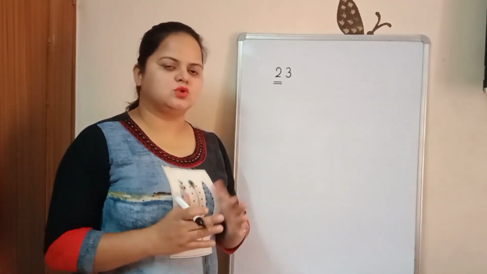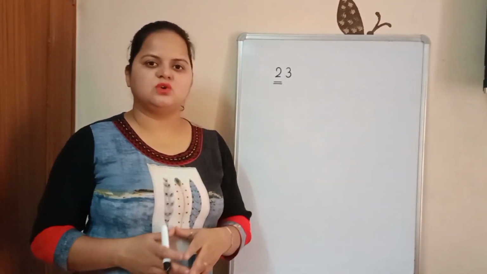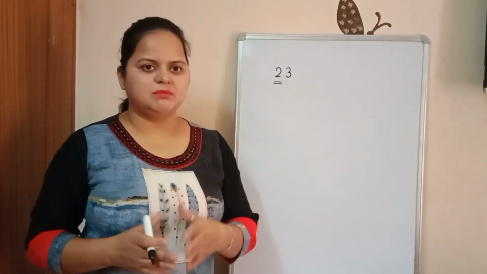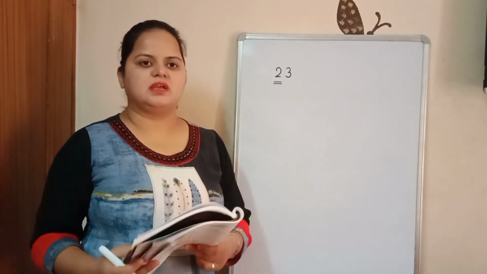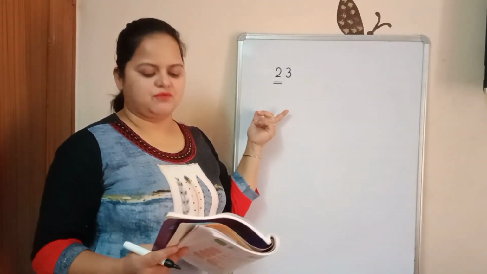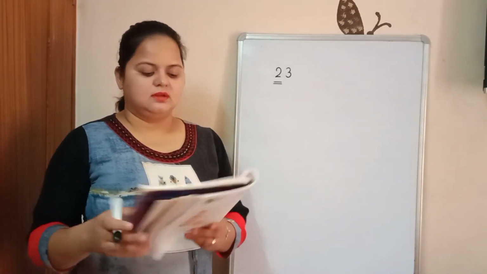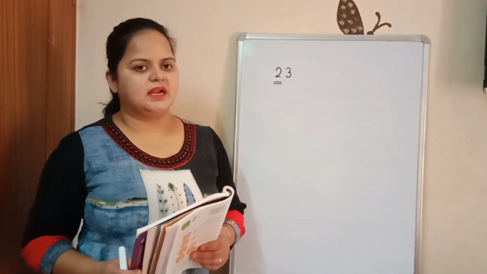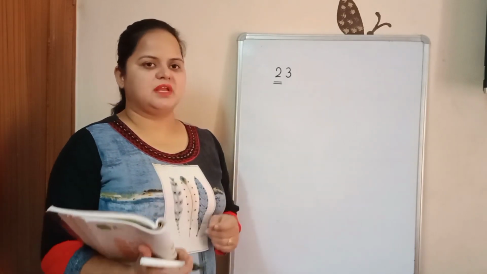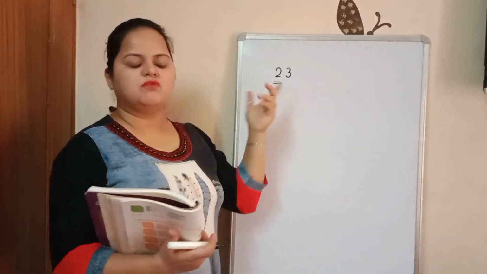2 का face value 2 and 3 का face value 3. Same. Face value identifies the face of the digit. Face value helps to identify the number. Face value जो है वो number itself है.